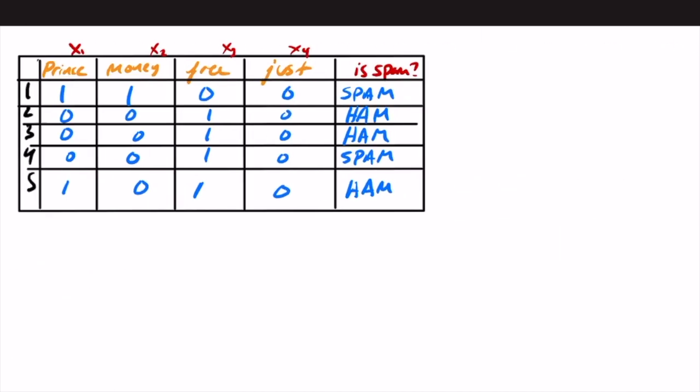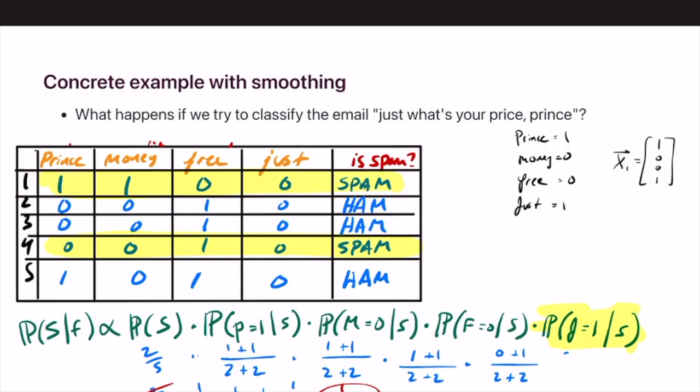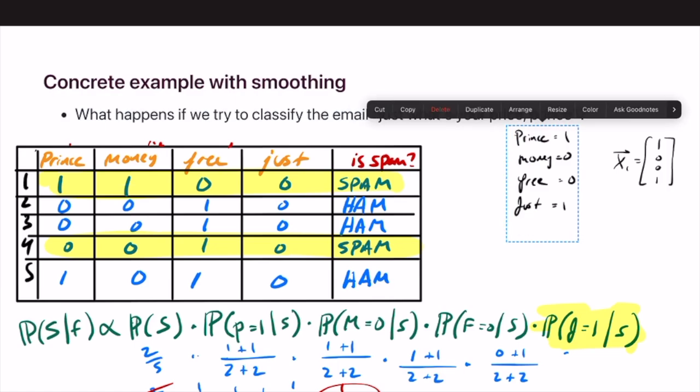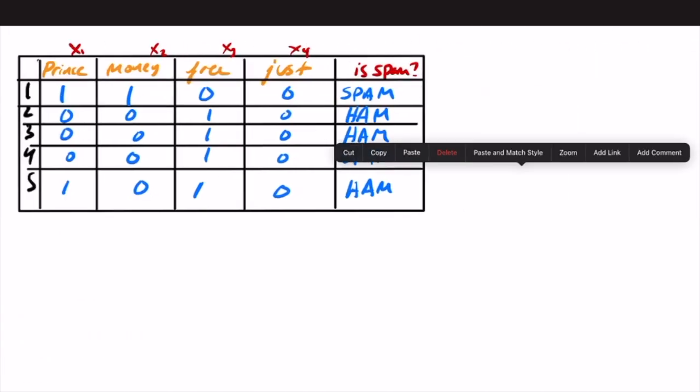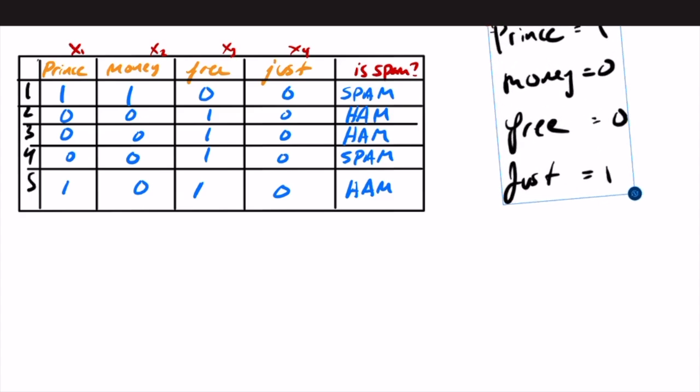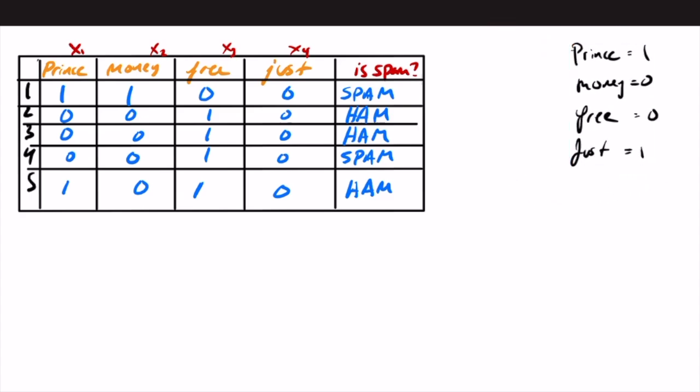Now let's try the same thing, but for the other class. I'm going to use a lot of shorthand on here, so please bear with me. I'll use purple this time.